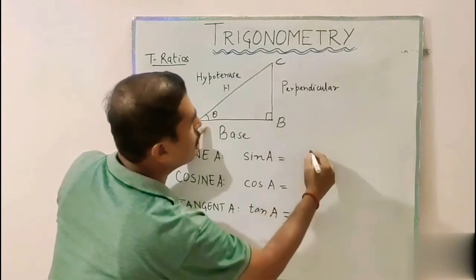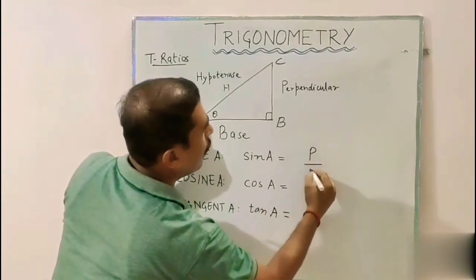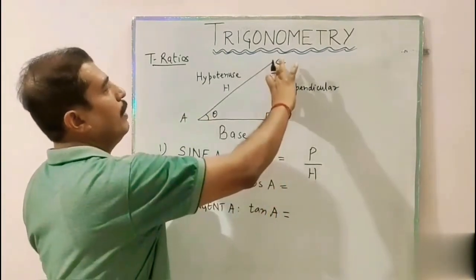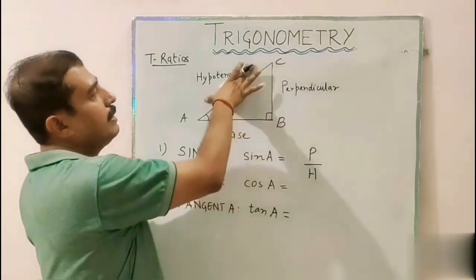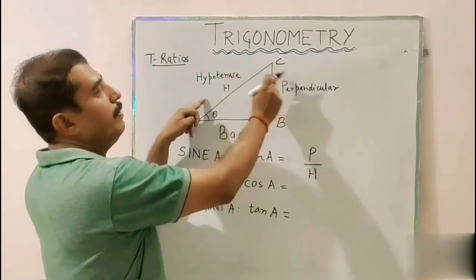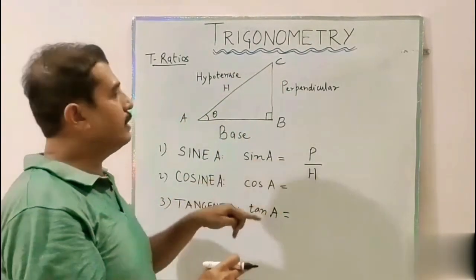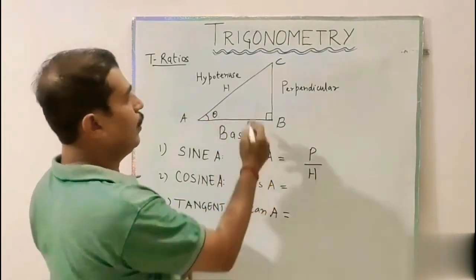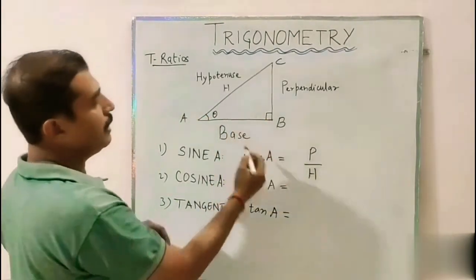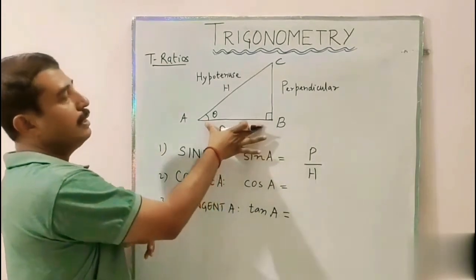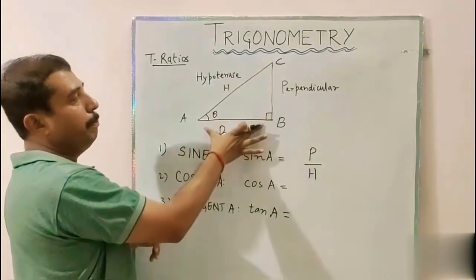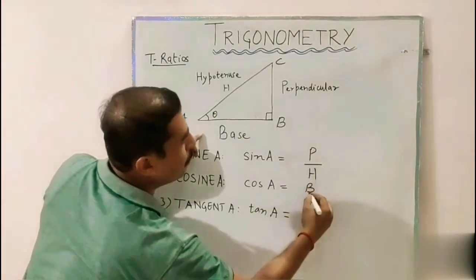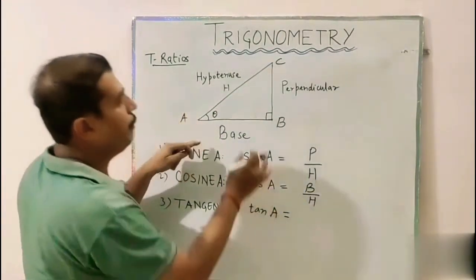Sine of the angle A is the ratio between the perpendicular and the hypotenuse. So sin A is perpendicular upon hypotenuse. If I have these two lengths, the ratio between them will tell the value of sine of the given angle A. Cos A is the ratio between base and hypotenuse, so I'll write cos A as base upon hypotenuse.